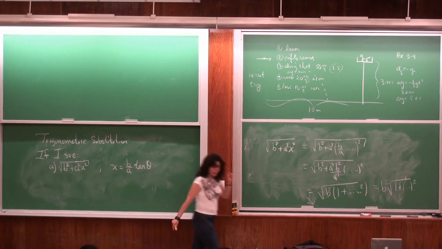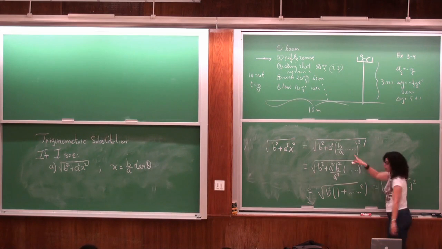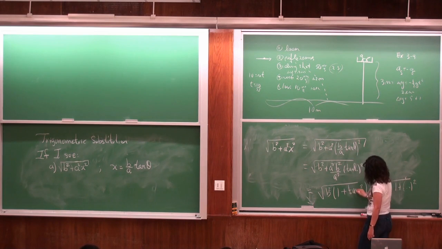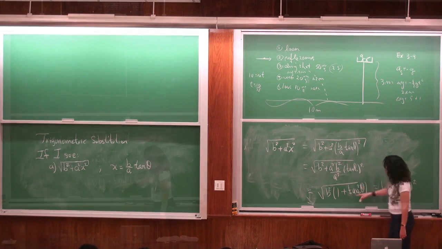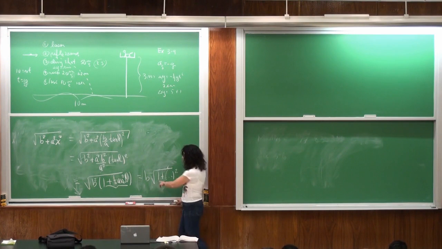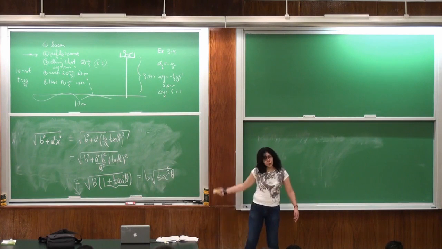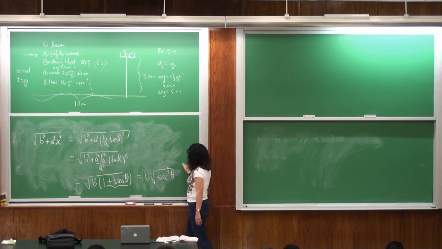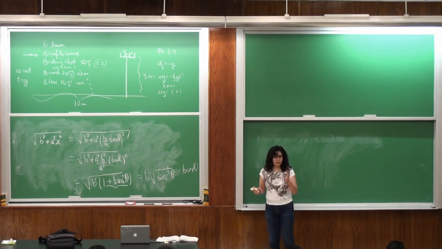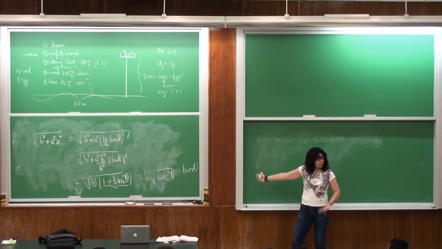Because when I put my tangent over here, 1 plus tangent squared of theta is equal to secant squared. So I can replace all these 1 plus by secant squared, and then the square root of that is just going to be B times secant of theta. Correct? So you see what I mean?